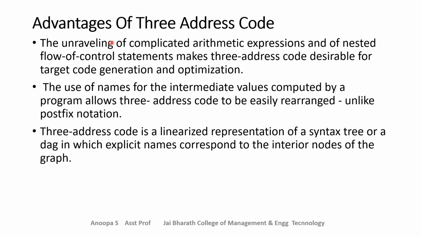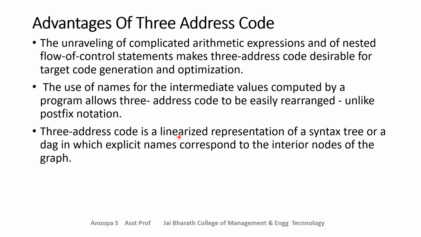Now, there are certain advantages for three-address code. Unraveling of complicated arithmetic expressions and of nested flow of control statements makes three-address code desirable for target code generation and optimization. We will see this in detail in the coming tutorials. Use of names for intermediate values computed by a program allows three-address code to be easily rearranged, unlike postfix notation.